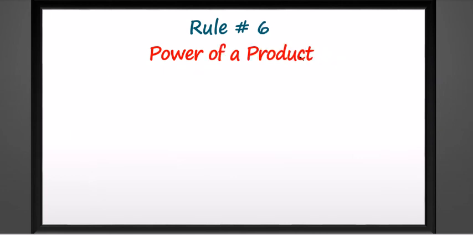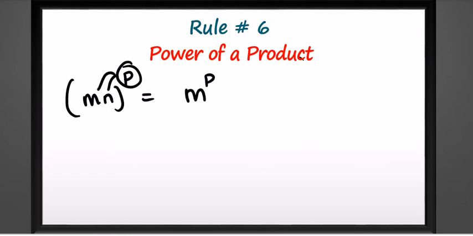Power of a product. In this rule it says, let's say you have two different bases inside and there is a power, let's say it's p. Power of a product, whatever is outside, it gets repeated. It's a part of both of them. It's m to the power p times n to the power p.